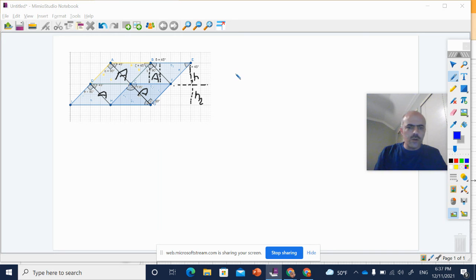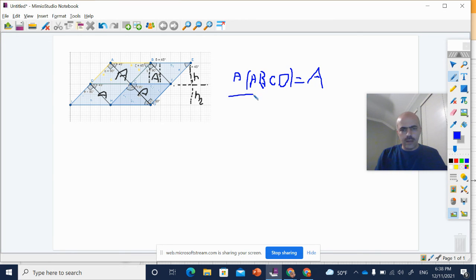I'm not sure. So the area of parallelogram ABCD, A, B, C, and D, if it is A, for example, then the ratio to the area of parallelogram AEGI.